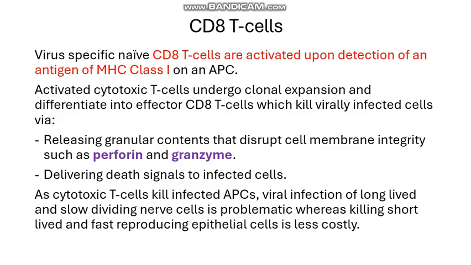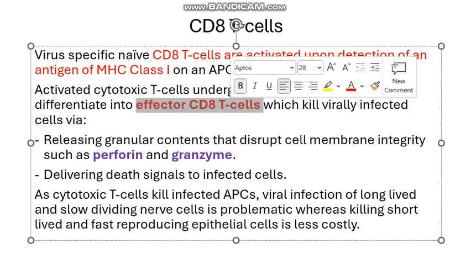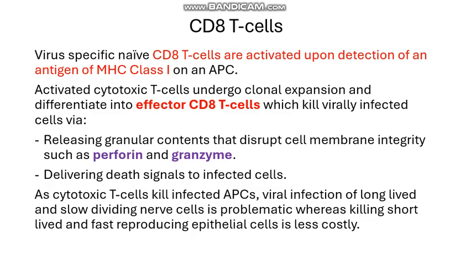Virus-specific naive CD8 cytotoxic T cells are activated upon detection of an antigen on MHC class 1 on an antigen-presenting cell. Activated cytotoxic T cells undergo clonal expansion, same as helper T cells, and they differentiate into effector CD8 T cells, which then kill virally infected cells either by releasing granular contents that disrupt target cell membrane integrity like perforin or granzyme, or by delivering death signals to infected cells.